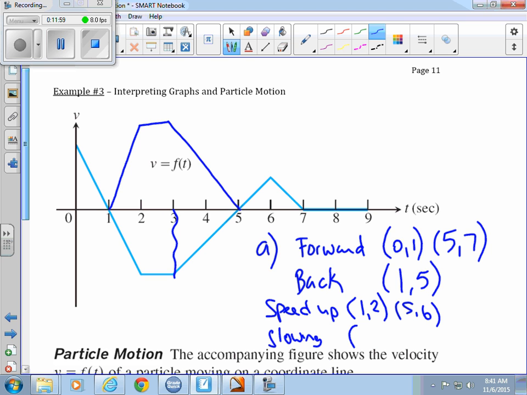Just make sure that it looks like that down here also. So from 0 to 1, 3 to 5, and 6 to 7. How do you know it's slowing down? The speed graph is decreasing.